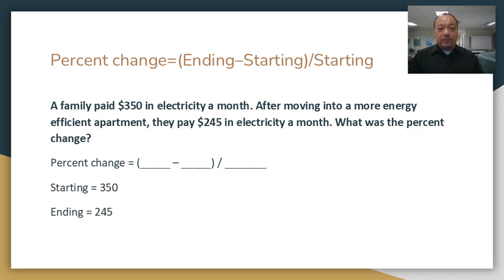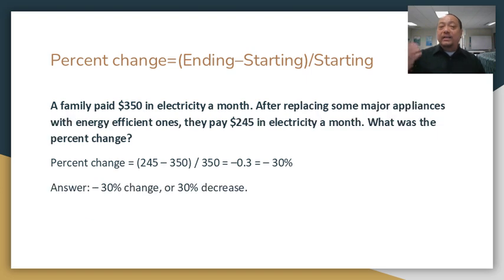Starting equals 350, ending equals 245. Plug them in. Answer is negative 30%. Meaning a negative 30% change, which is the same thing as a 30% decrease, right? Negative percent change is a decrease. Positive percent change is an increase.